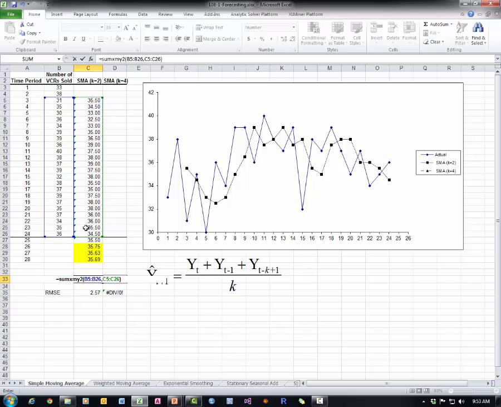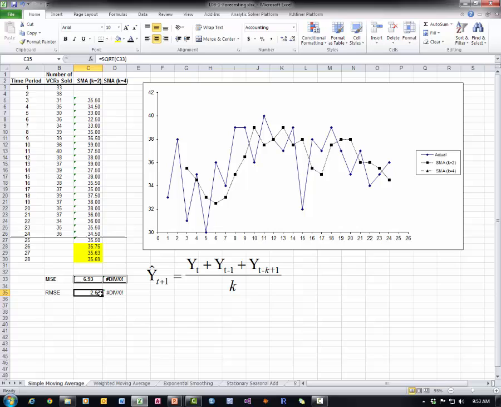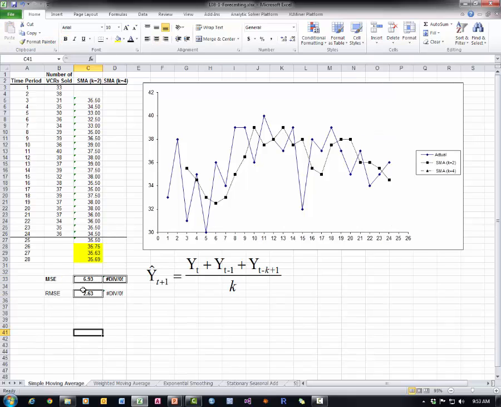Now this gives you the sum of the squared differences, and you then have to divide it by the number of items to get the average. And that's 6.93 here. The square root of this value is the root mean squared error. So that would be the square root of that.